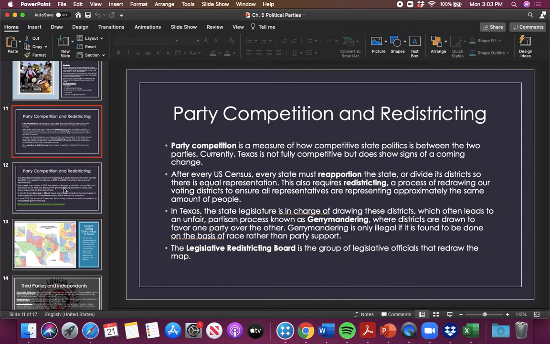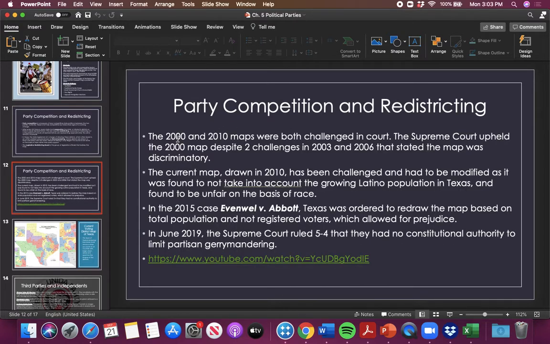And Texas, our map that was drawn in 2000 and our map that was drawn in 2010 were both challenged in the court. The Supreme Court upheld the 2000 map, even though there were two different challenges to it. But the 2010 map, the map that we currently are using, has been challenged and modified because it was found to be discriminatory against Latinos.